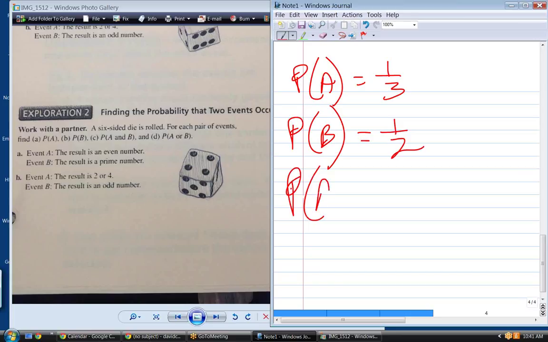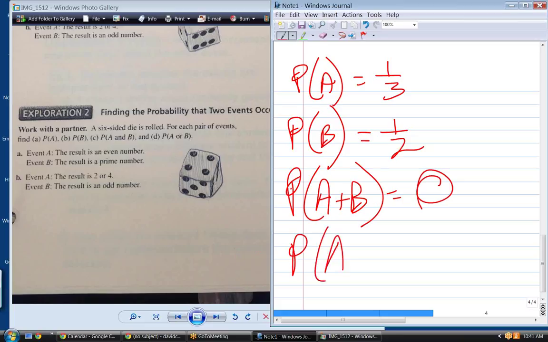Probability of A and B? That's 0%. In other words, this is the overlap, and there's no overlap here.